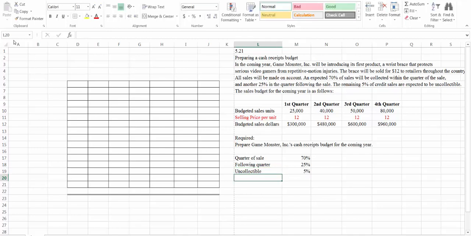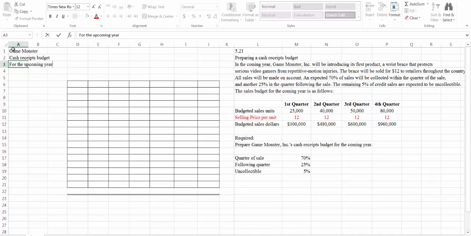All right, we're ready to start now. So let's give this a heading, Game Monster, Cash Receipts Budget, for the upcoming year. All right, so we're going to put columns here for each of the 4 quarters.